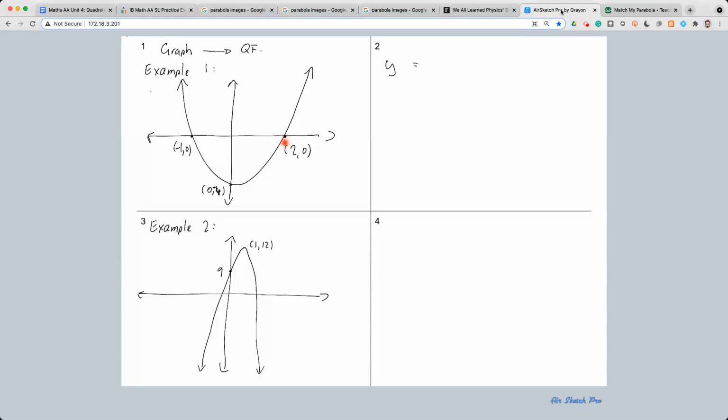And we've got x equals 2 at y equals 0 over here, which means x minus 2 must be a factor. And so I've got x plus 1, x minus 2 as being our quadratic.